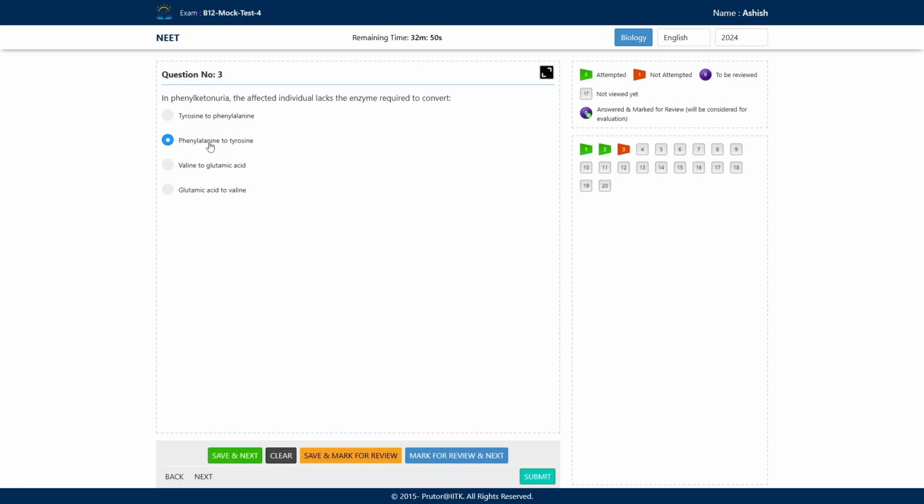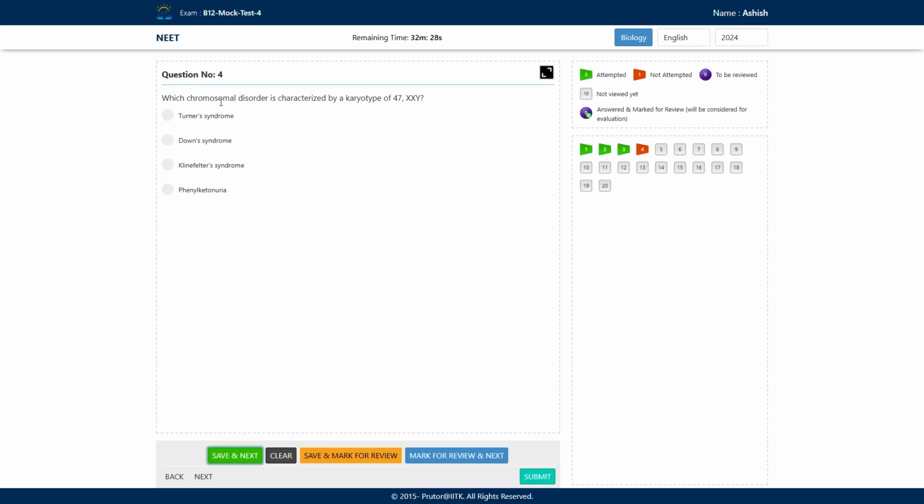And these compounds can cause mental retardation. And they can also cause other effects like reduction in skin pigmentation and hair pigmentation as well. Remember, this is a very good example of pleiotropy also, where one gene affects multiple traits.